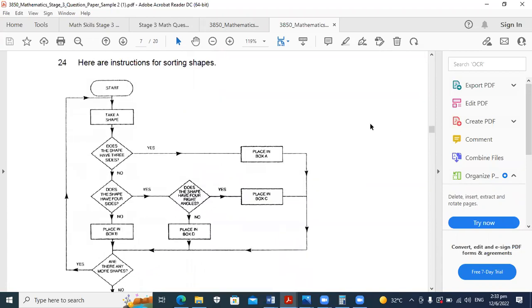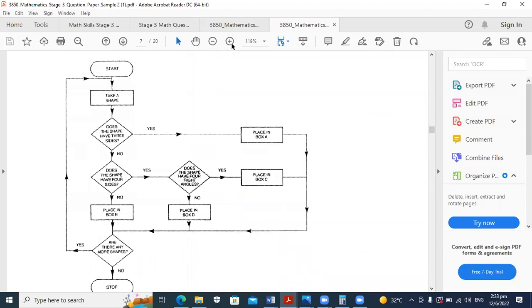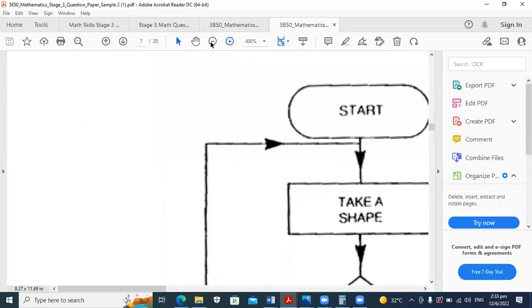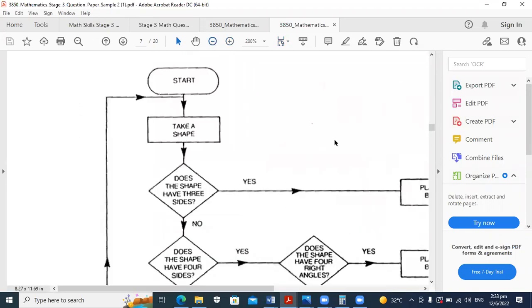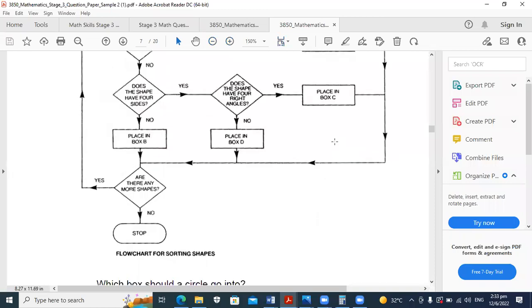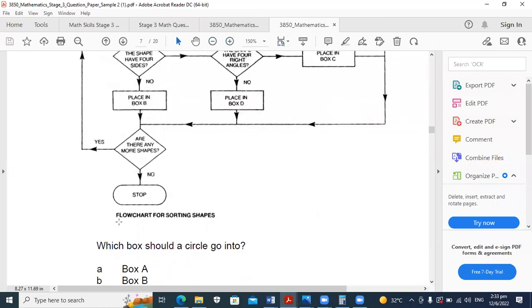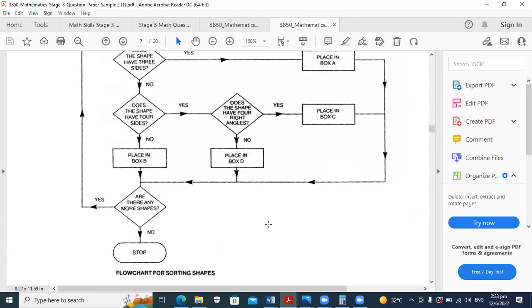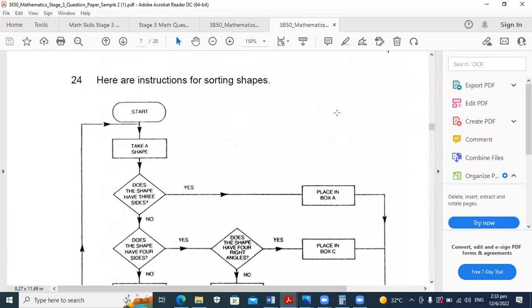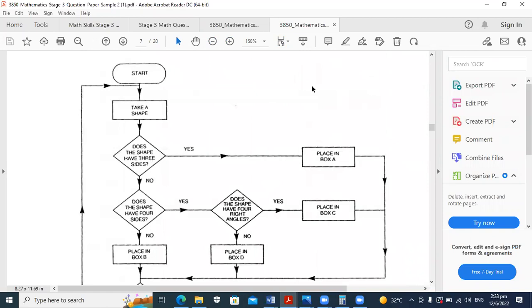I look at this question. It says, which box should a circle go into? Let me just read the question first because the diagram is very big. So this one is talking about some math properties of circles and squares.